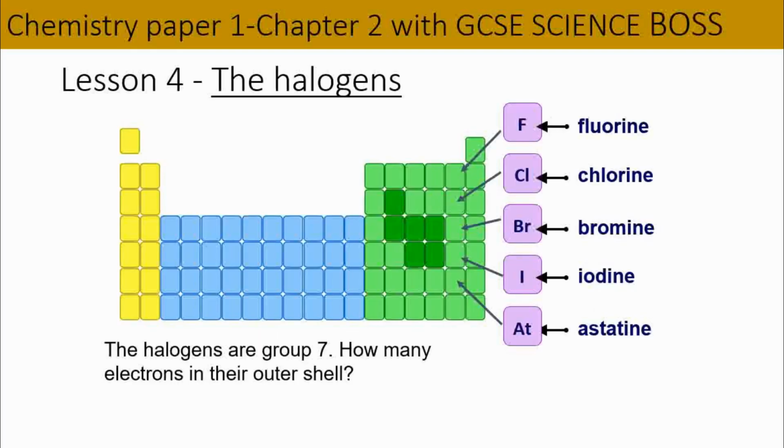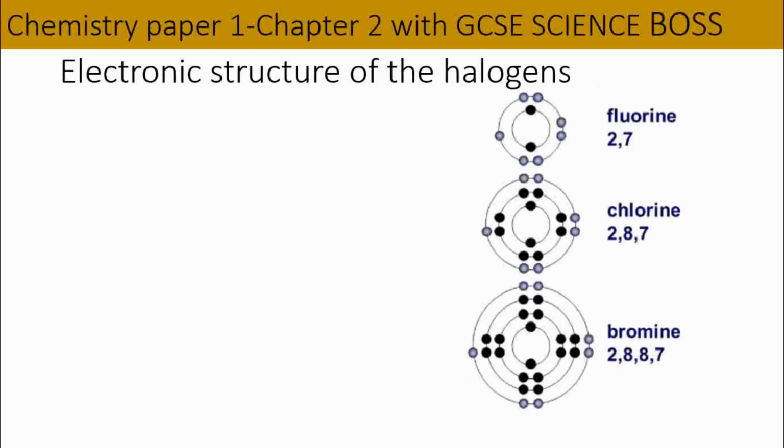Next up, group 7. The halogens, okay? So you can see the members here of group 7, and what's common about them is that they all have 7 electrons on their outer shell. So you have fluorine, chlorine, bromine, iodine, astatine. Too easy, okay? Now, what's happening as you go down the group? As you should see, as you go down the group here, the atom is getting bigger.